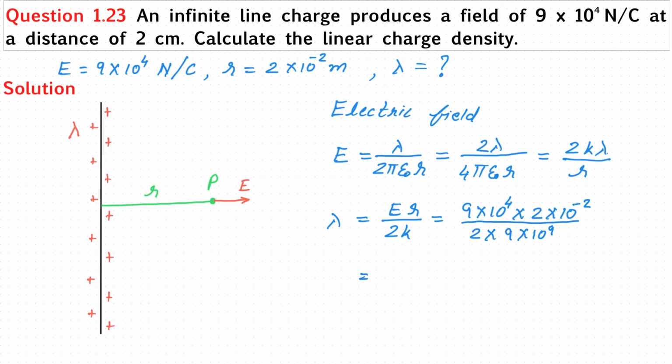Solving this, it's clear that 2 and 2, 9 and 9 both will be cancelled out, and so the remaining term will be 10 raised to minus 7. So here is the value of lambda, 10 raised to minus 7 coulomb per meter, and that is our answer. This is the linear charge density lambda.